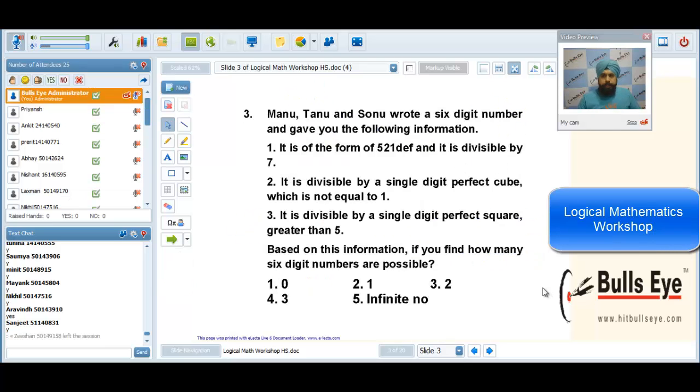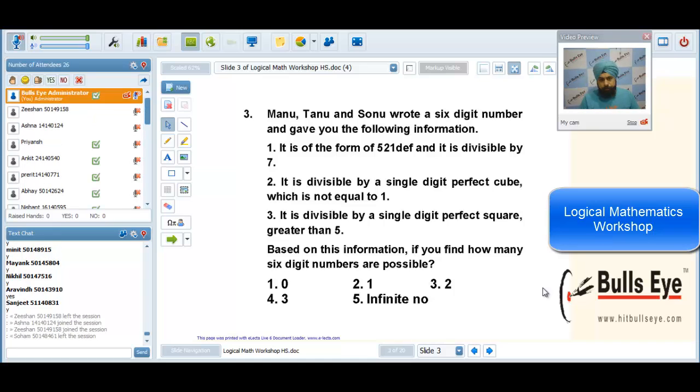Answer this question, students. Think about it. Let's see, a minute. It's a 6-digit number. Arvind, let's see.